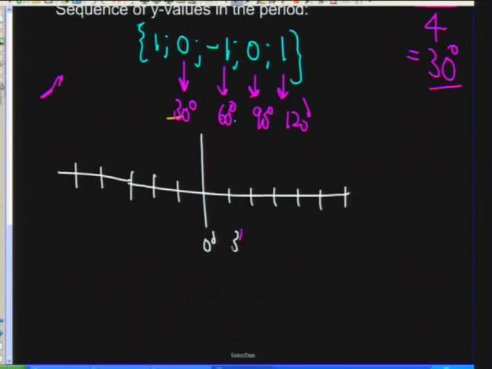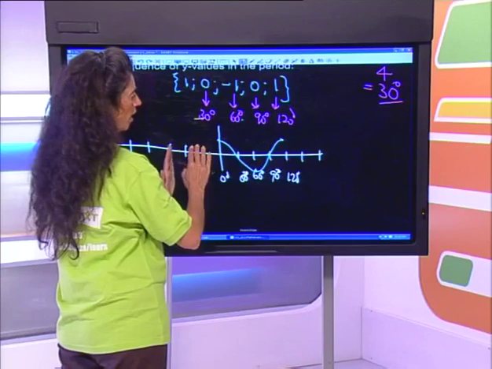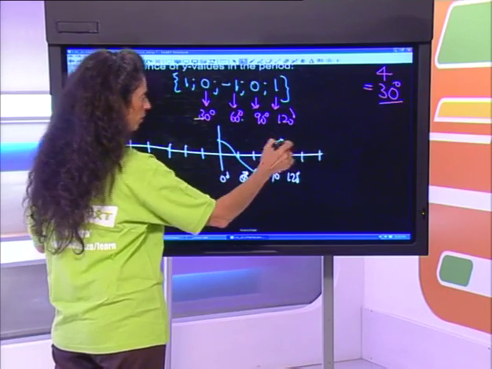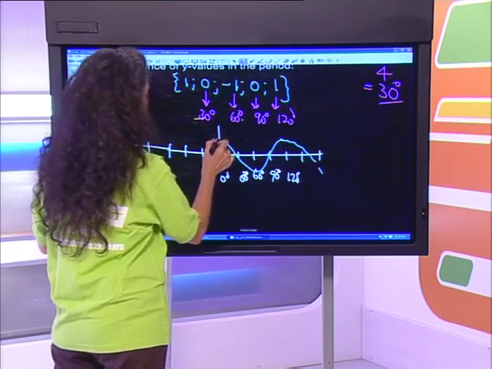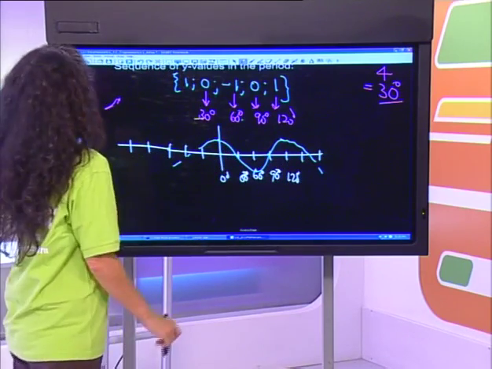And so if that was 30 and 60 and 90, 120, we now have this new graph that starts at 1, 0, goes to negative 1, back to 0, back to 1, and you have my new cos graph. So you've adjusted the period, you've adjusted the intervals, and you can now keep on repeating that all the way through to infinity. Okay, so that's the cos function.